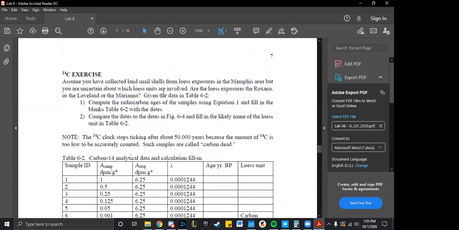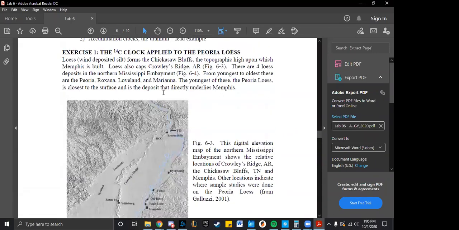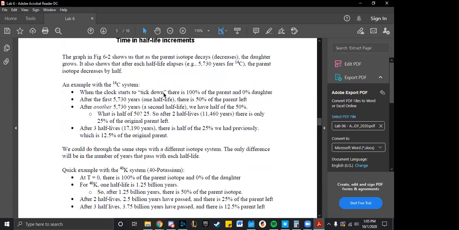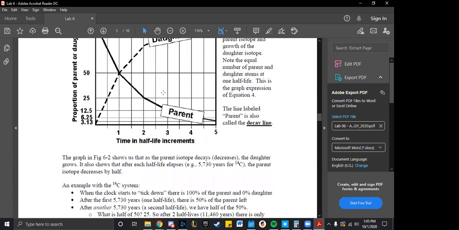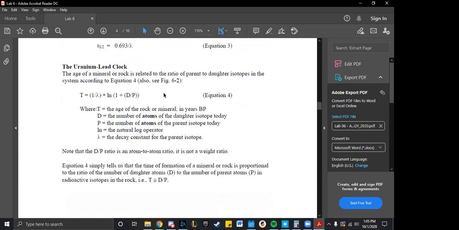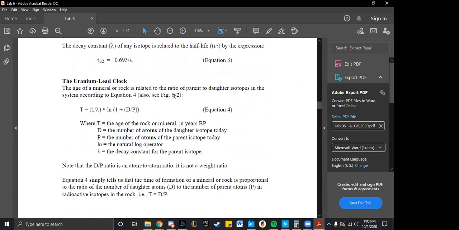It's a little bit different. Should we try to do the first one on 6.2, or do you want to wait for some more people? Well, let me do this.